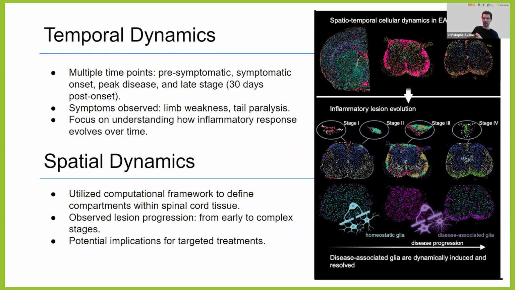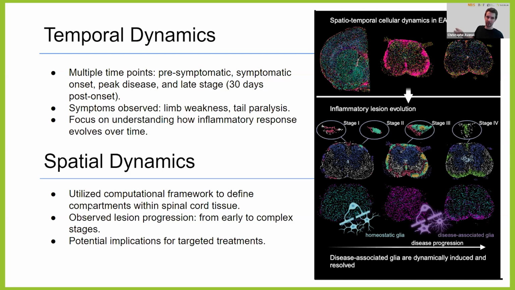So the main idea here was that you can see, with these annotations, how the disease and how the inflammatory response evolves. So basically, they extracted in situ sequencing in 4 different sections in the mice: lumbar, thoracic, cervical, and brain, and also in 4 time points: pre-symptomatic, symptomatic, the peak disease, and the late stage, 30 days after.